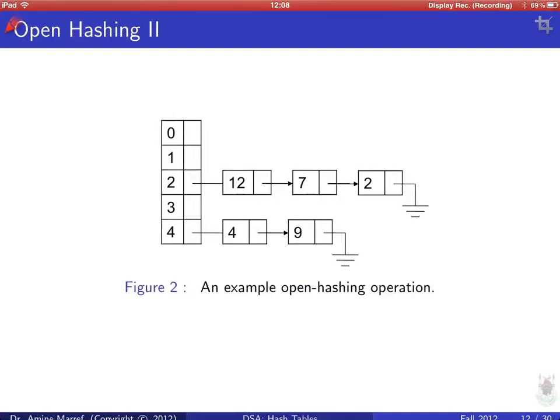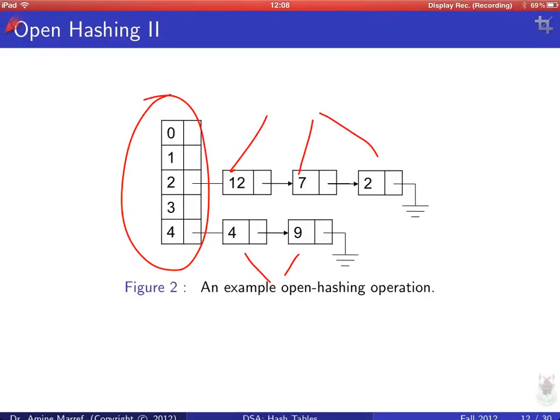So what we are going to do is insert 9 first. Because it's a hash table, the key must go through the hash function first. The hash function is the key modulus m, so the key 9 modulus 5 equals 4. So the hash table is going to look like this.